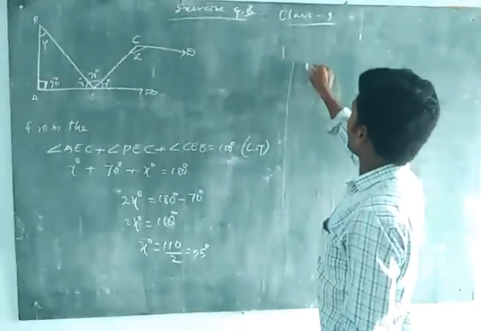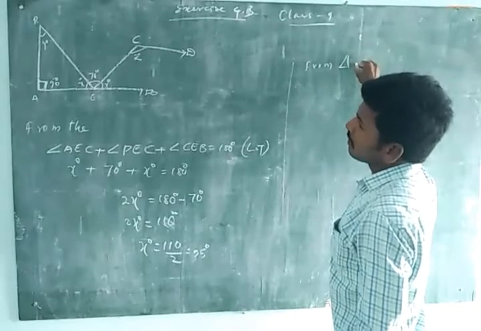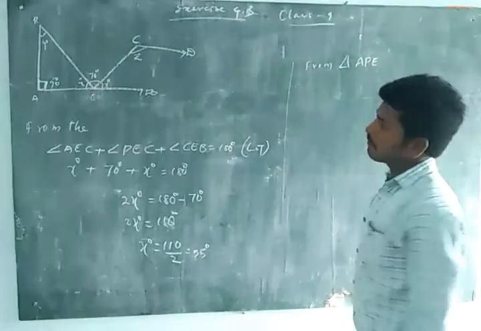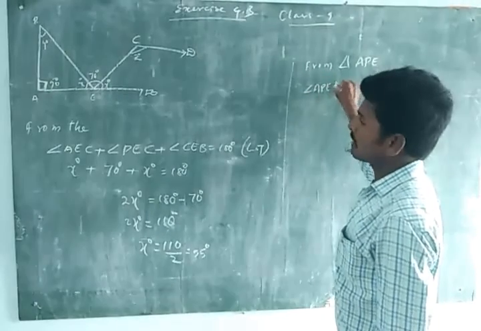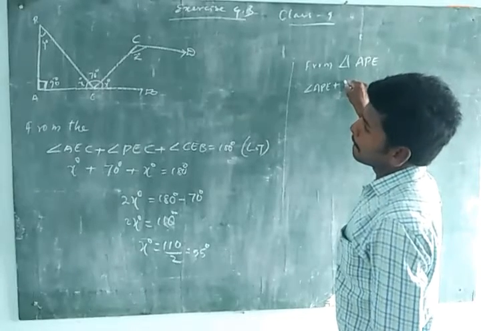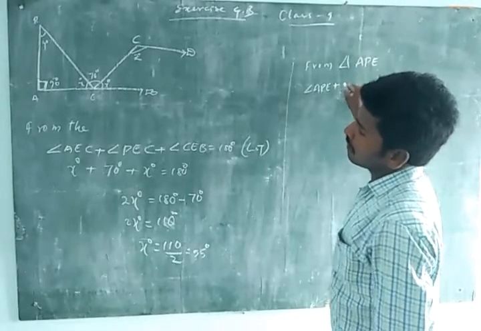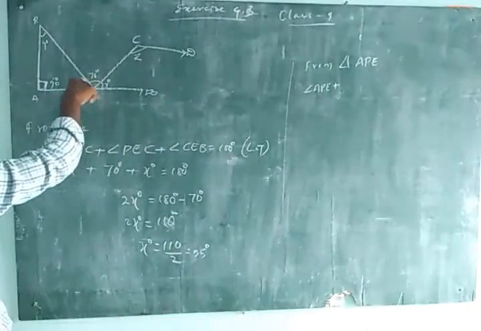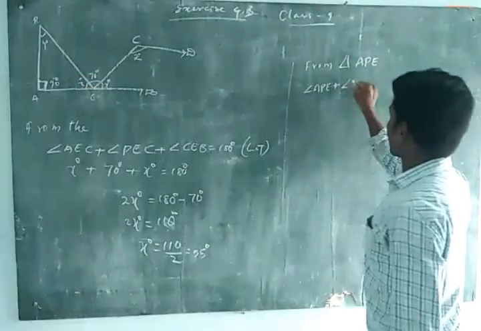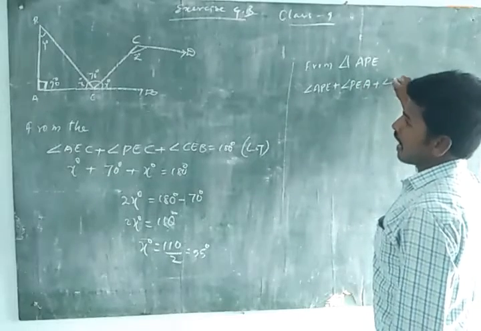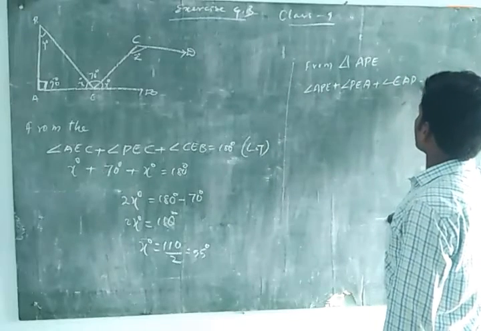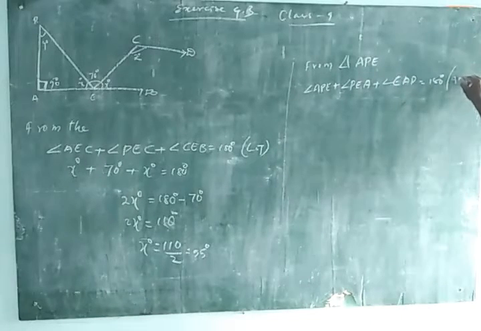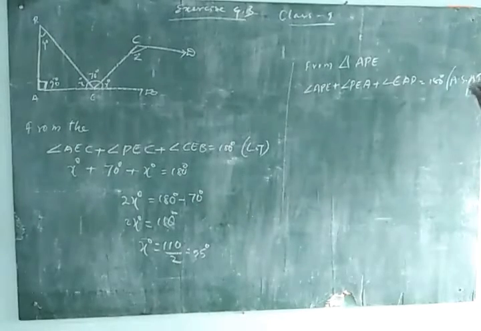So now from triangle APE, angle APE plus angle PEA plus angle PAE, or we can say EAP, is equal to 180 degrees, sum property of triangle.